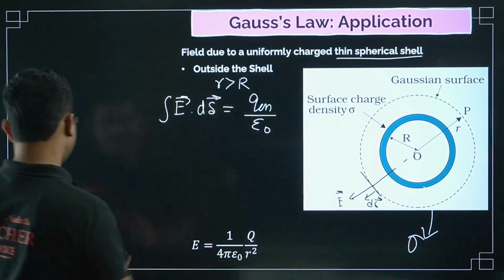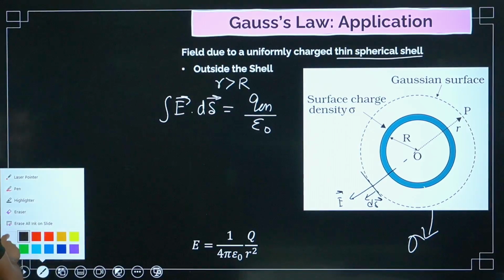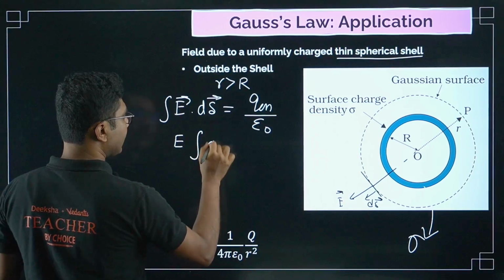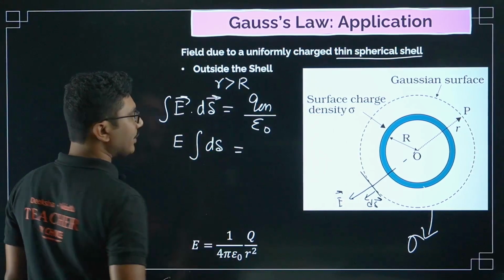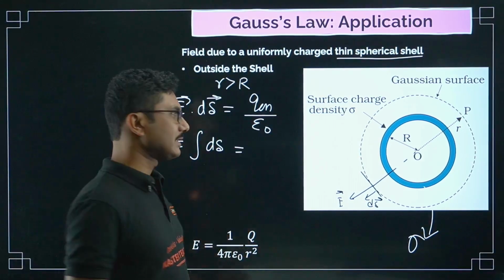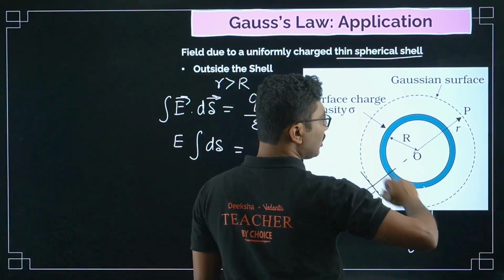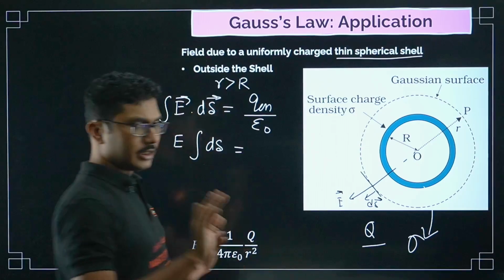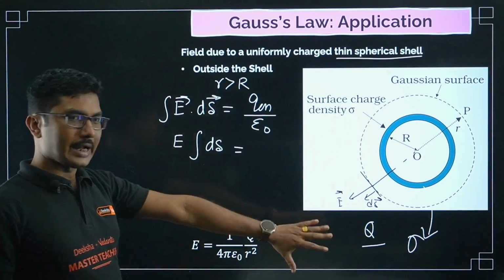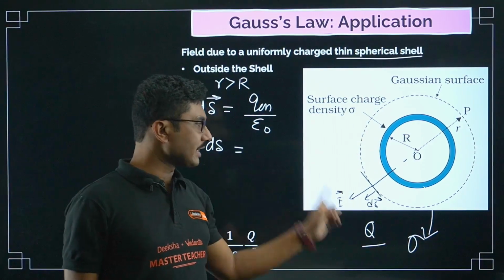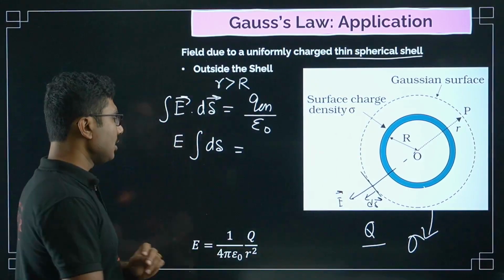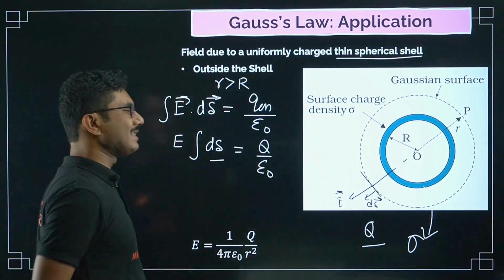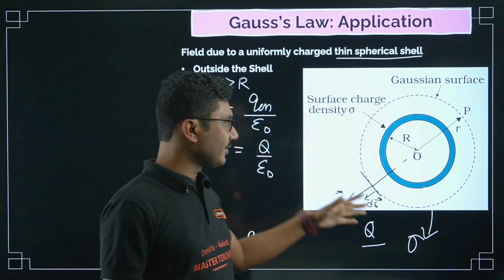So E ds again, we will take the magnitude of electric field outside and the integration of ds inside equals q enclosed. Now in this case, let us say that the total charge is capital Q. We will do a little bit more calculation on that, but for now assume that the total charge is given by capital Q. So capital Q by epsilon naught. Now what is ds here? As I said, ds is the surface area.